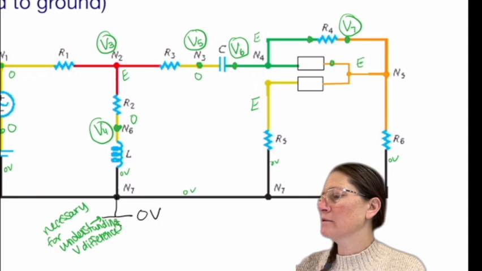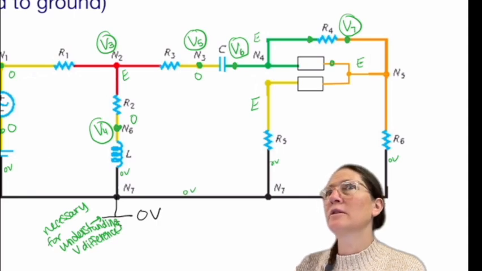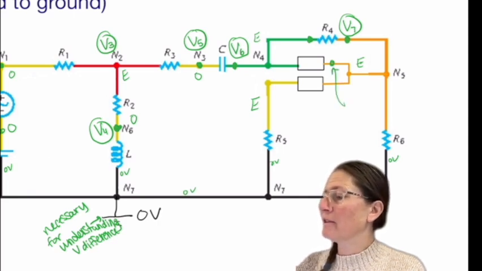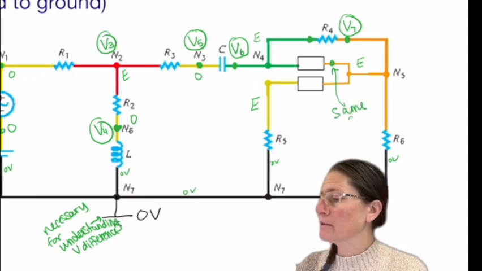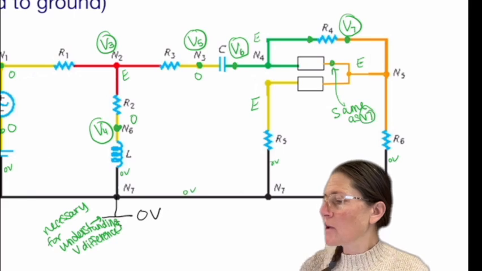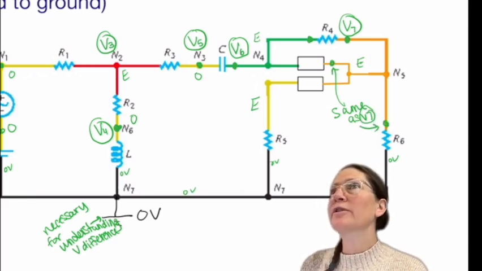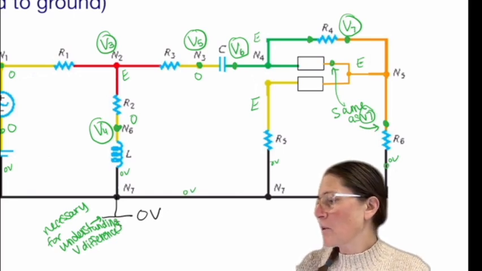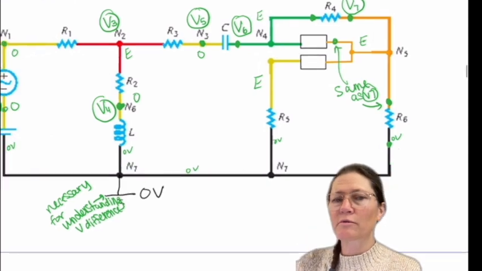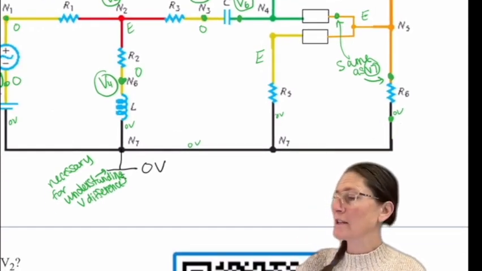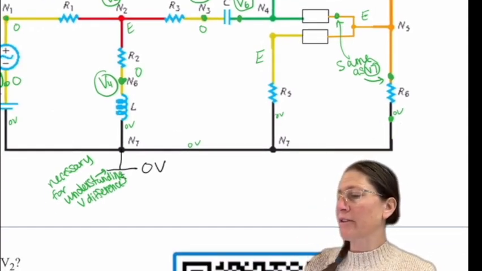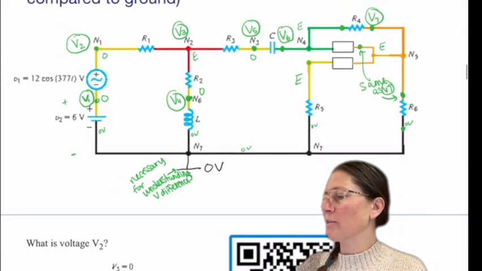What about here? Good, so this is the same as V7. Anywhere on this wire, so here also? V7, same. What about here? Do we already know this voltage? 0, correct. The only one that's not labeled now as far as a node is this point.